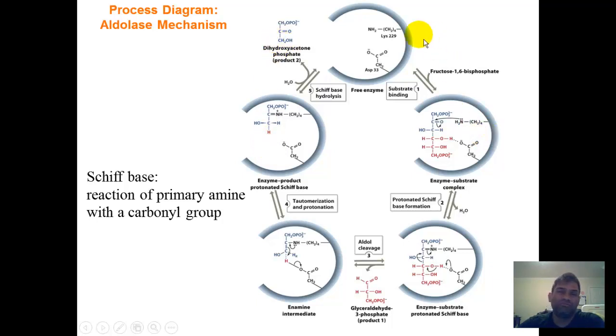So we have a lysine and an aspartate. Those are the two active site residues. Okay, it functions via a Schiff base intermediate. Primary amine with a carbonyl group is a Schiff base. It's very unstable, but it allows for the leaving group of glyceraldehyde 3-phosphate. Aspartate comes in the way and does some nucleophilic attack to regenerate the second product, dihydroxyacetone phosphate.